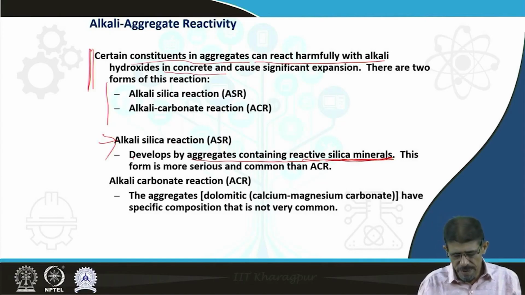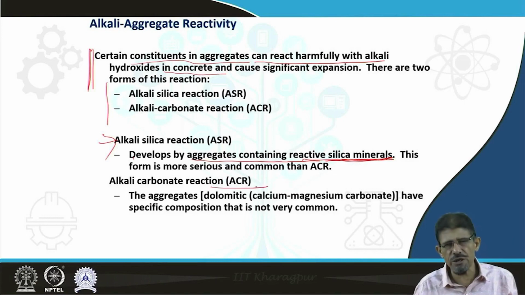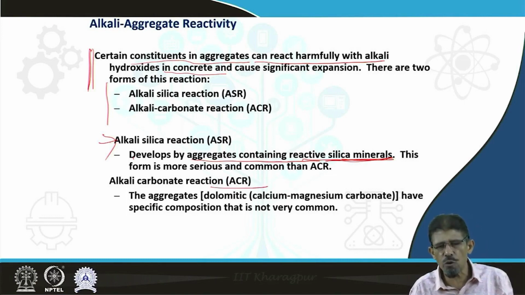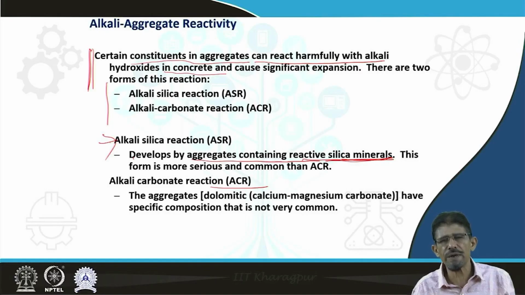However, in the case of alkali carbonate reaction, the presence of dolomite is very problematic. If we are considering limestone as aggregate for a concrete road or for a dam, the selection of limestone sometimes also takes some dolomitic limestone.